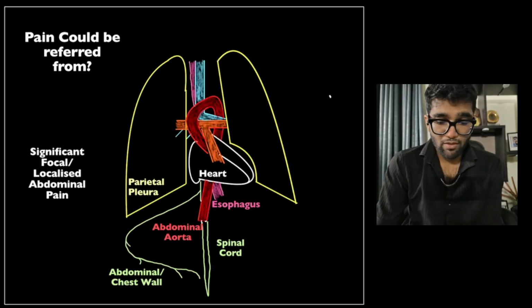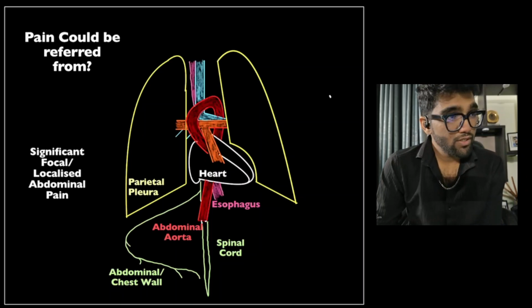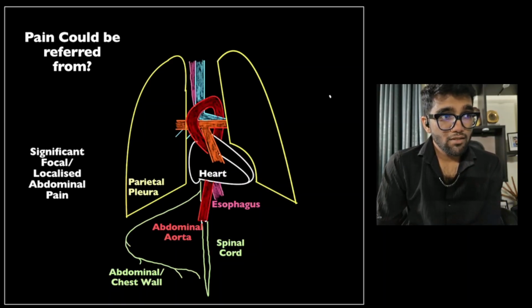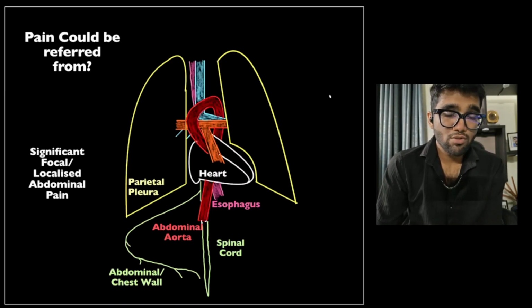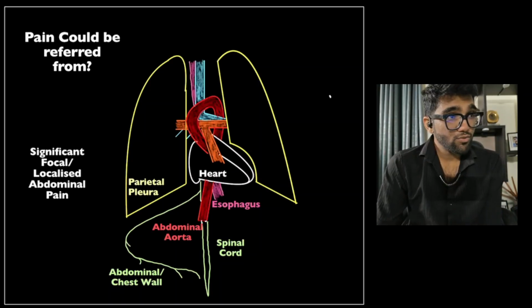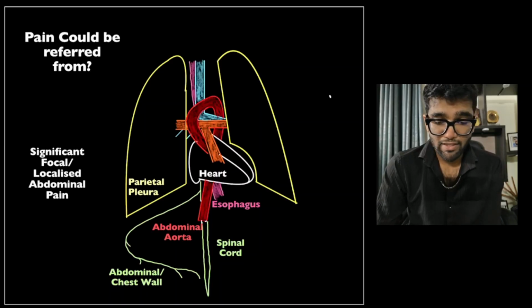So these are the structures from which you can technically get referred pain. Now, the abdominal aorta is an intra-abdominal structure, but it's retroperitoneal. So even though it is not, strictly speaking, referred pain into the abdomen, I'll be discussing it along with the other causes of focal abdominal pain, because again, these constitute emergency situations in which the call on whether to manage surgically or to evaluate needs to be taken in the ER.